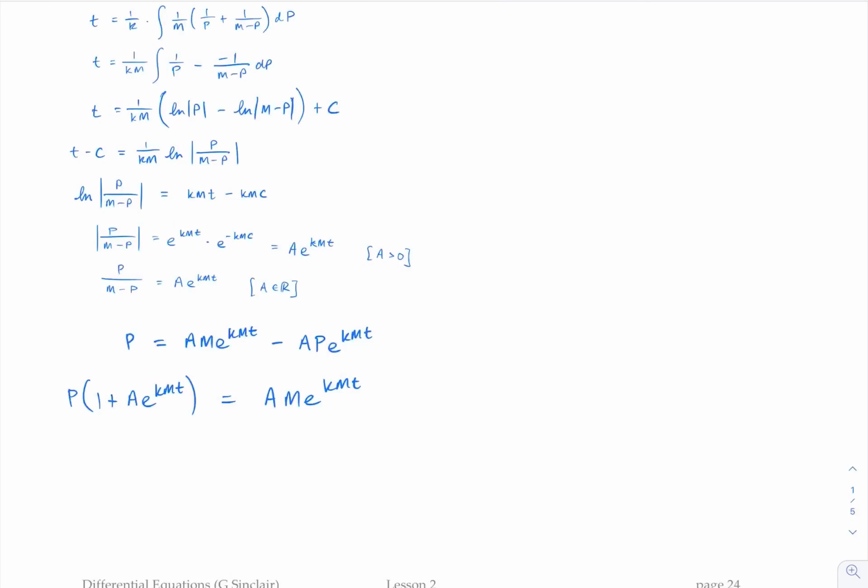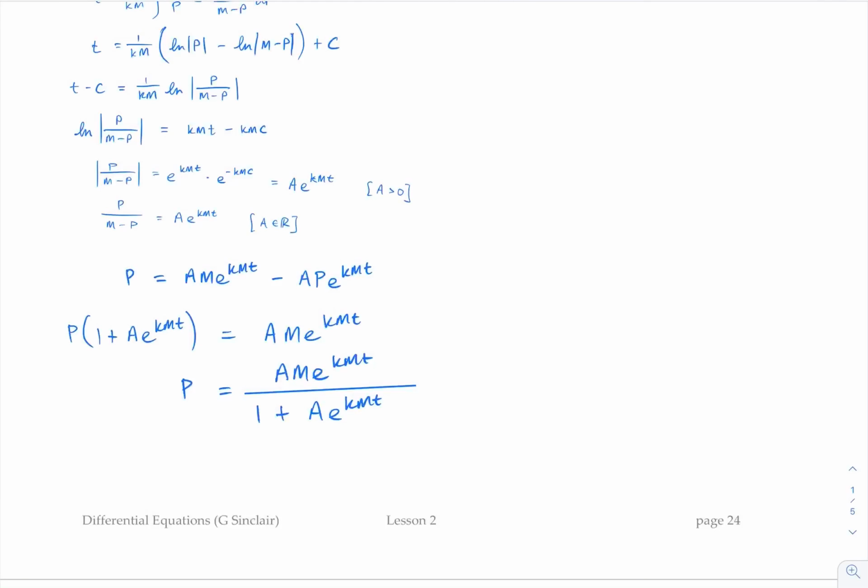Does all this seem like a lot of work? It is. And now P equals A m e to the kmt over 1 plus A e to the kmt. Notice that this and this are very similar. The only difference is that, right? And this is more complicated than it needs to be.